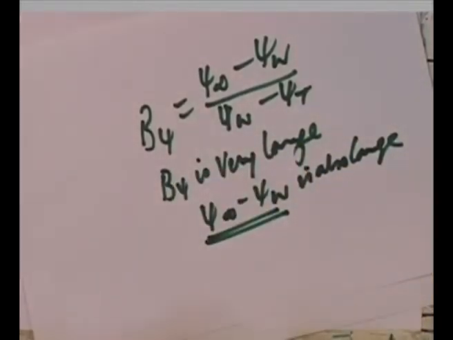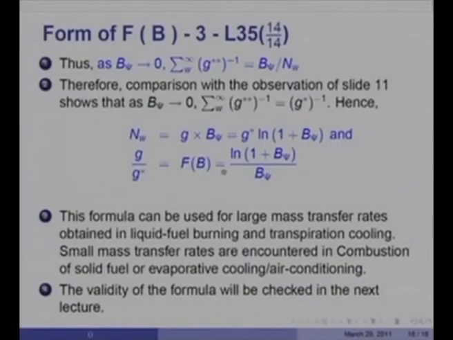So any departure from this formula, if found in experiments, would be largely due to property variations, and therefore this formula is usually corrected for property variations, and that is the matter for discussion in the next lecture.